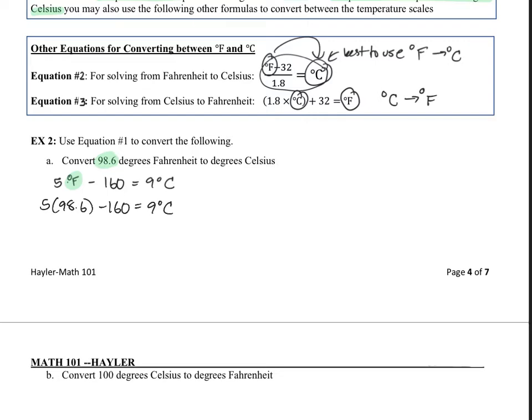All right, let's do some calculating here. 98.6 times 5, 493, minus 160, 9 degrees Celsius. So 493 minus 160 is 333.